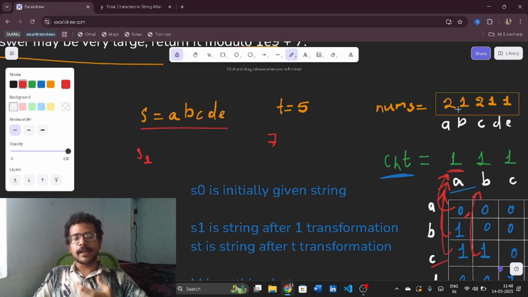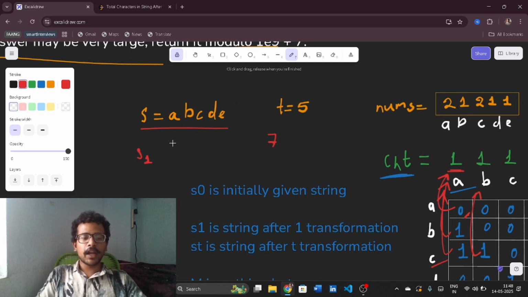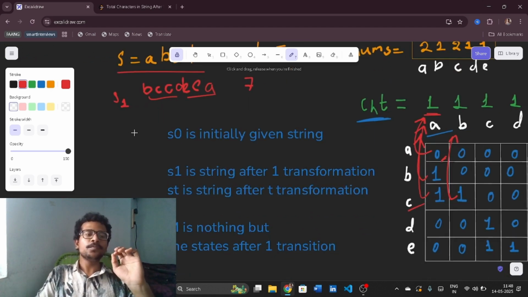Nums of A is 2, right? After A, I got B, C. After B, I got only 1, right? Only C. After C, I got 2, right? So DE. After D, I got only one, which is E. After E, I got only one, which is A. Absolutely fine. It's perfect.